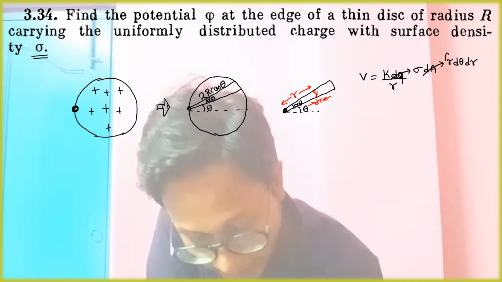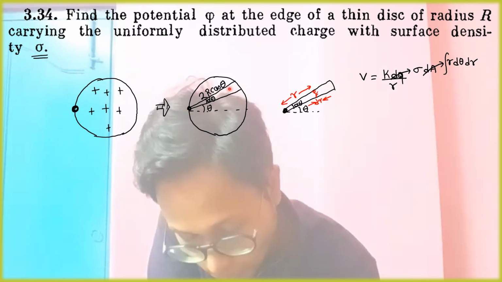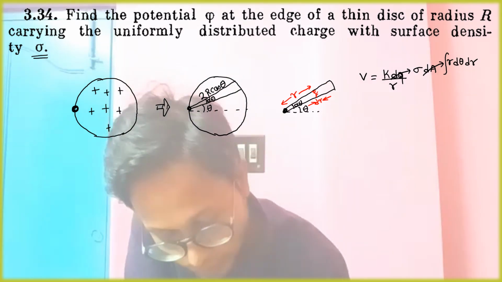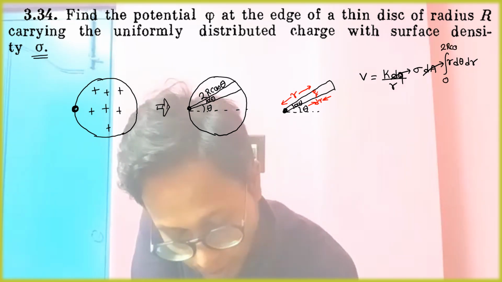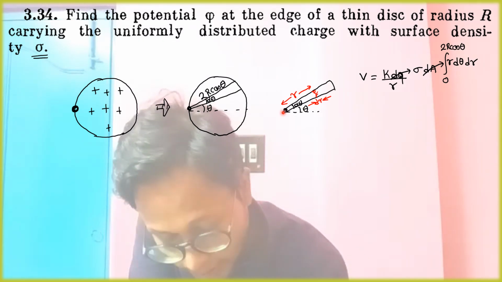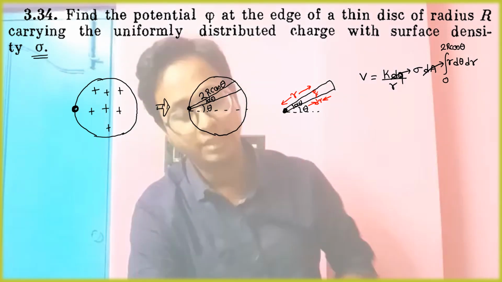And I have to integrate this from 0 to 2r cos theta. So if I integrate this function from 0 to 2r cos theta, I'll get the potential at this point due to all the charges situated in this point.